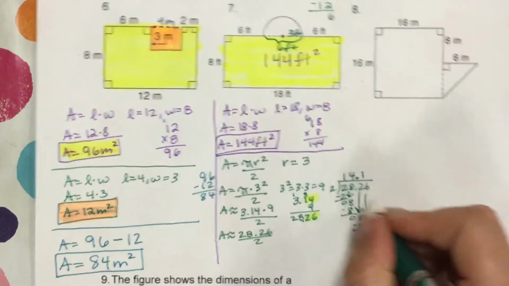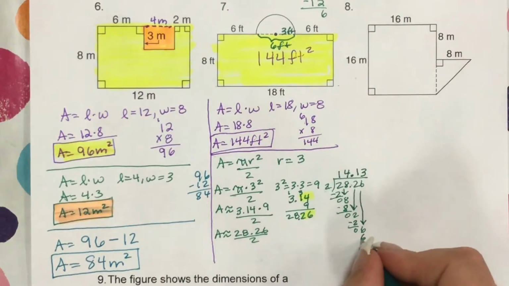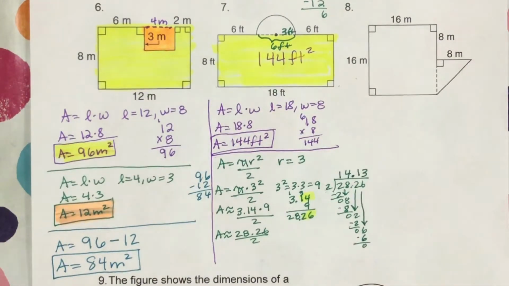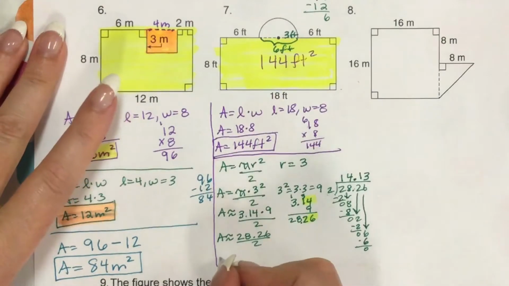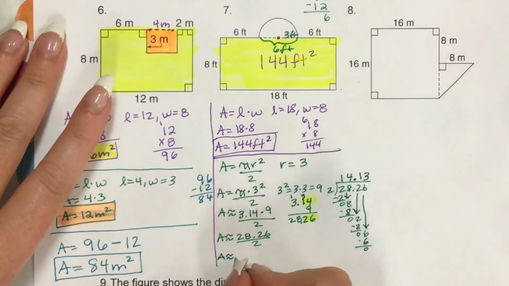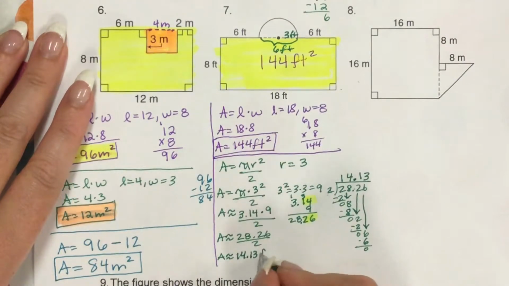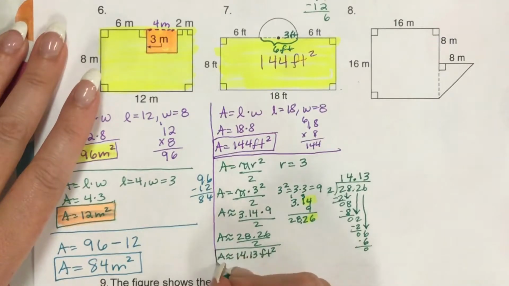Drop down the 6. 2 goes into 6 3 times. 3 times 2 is 6 with no remainder, so we know that we're done. So that means the area for this half circle is approximately 14.13 feet squared.